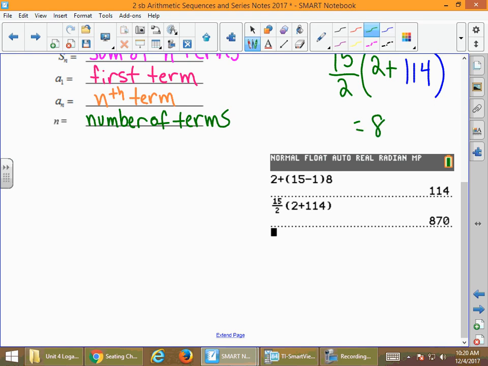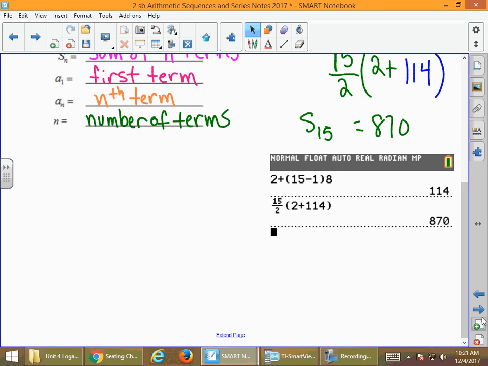So that's S 15 equals 870. The thing about the sum formula is that we oftentimes have to go backwards and figure out a term before we can use it.